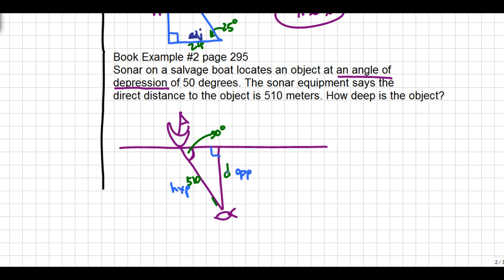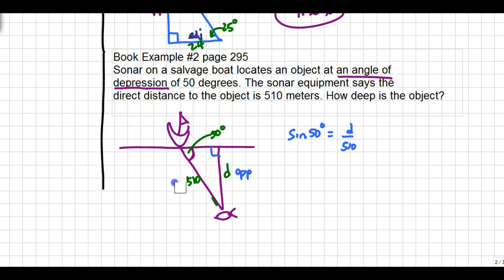Opposite and hypotenuse come from sine, so I'm going to set up a sine problem. Sine of the angle is opposite over hypotenuse, and we already did this question at the beginning of the lesson today, so I'm not going to complete it here. Hopefully students can look back at their notes and figure out what that answer would be.